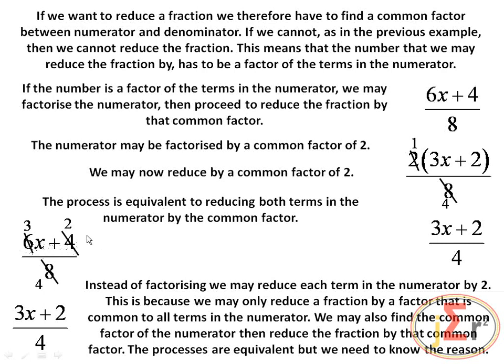To the extent that we can factorize the numerator by using that as a common factor, then we may reduce. If not, then we may take each term and do the process that we have right here. We need to understand the reason why that can be done and also to avoid making the earlier mistake.